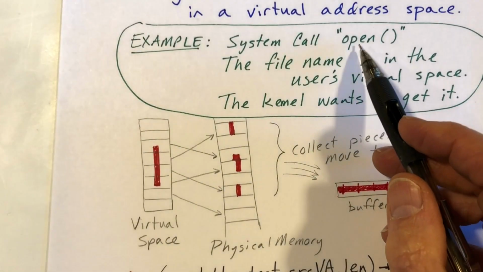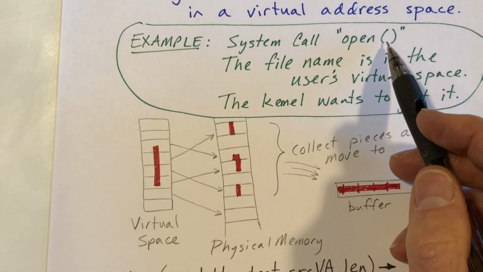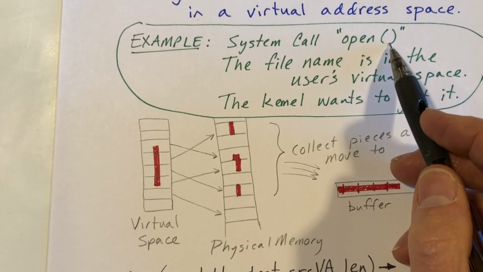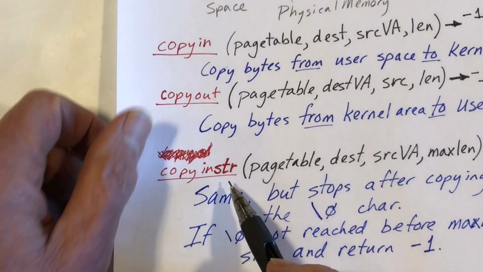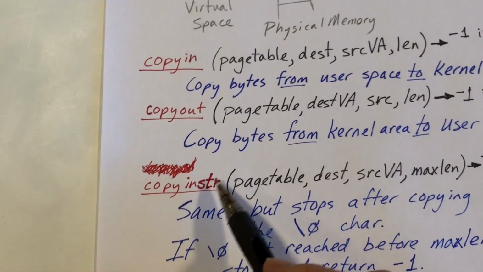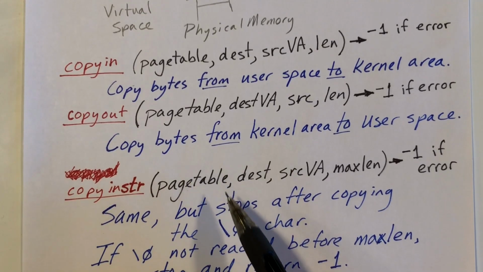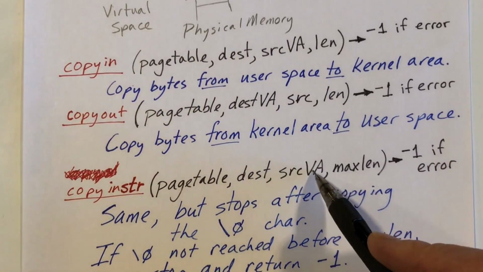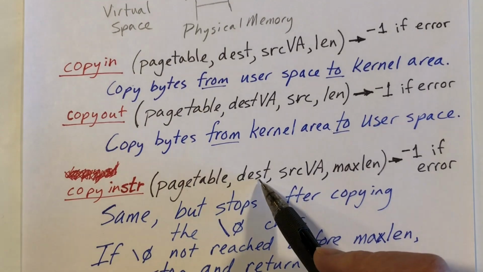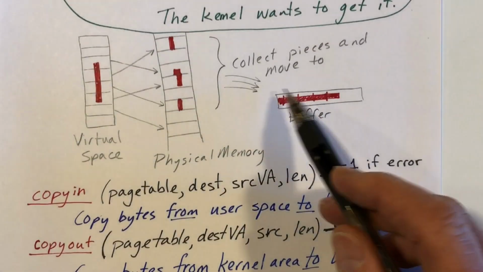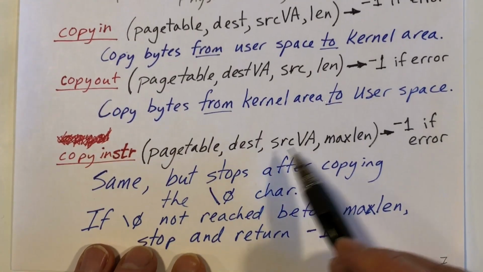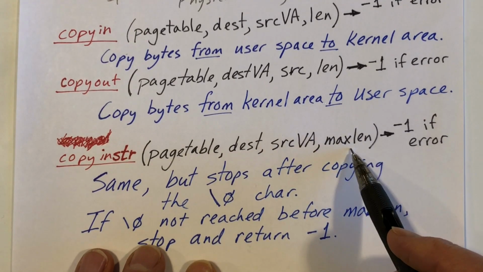In the case of the open system call, we are looking for a string that will be null terminated. So we only want to copy bytes up to the null byte. And so there's a variation on copyin called copyinstr. And it's similar. It's passed a source virtual address and the destination, that is the address of a buffer into which it's going to be placed, as well as the maximum number of bytes to copy.